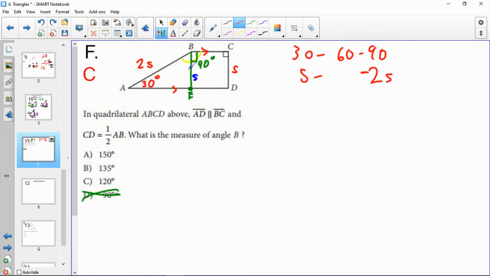Oh, yep, because that's the one that's opposite of S. And likewise, if that's the 30 and this is the 90 opposite the 2S, then the 60-degree angle has to be right over here.